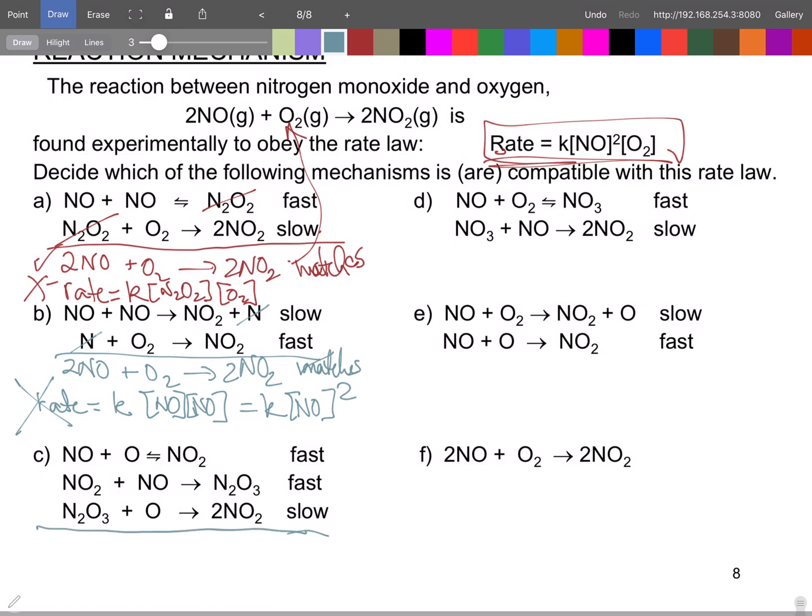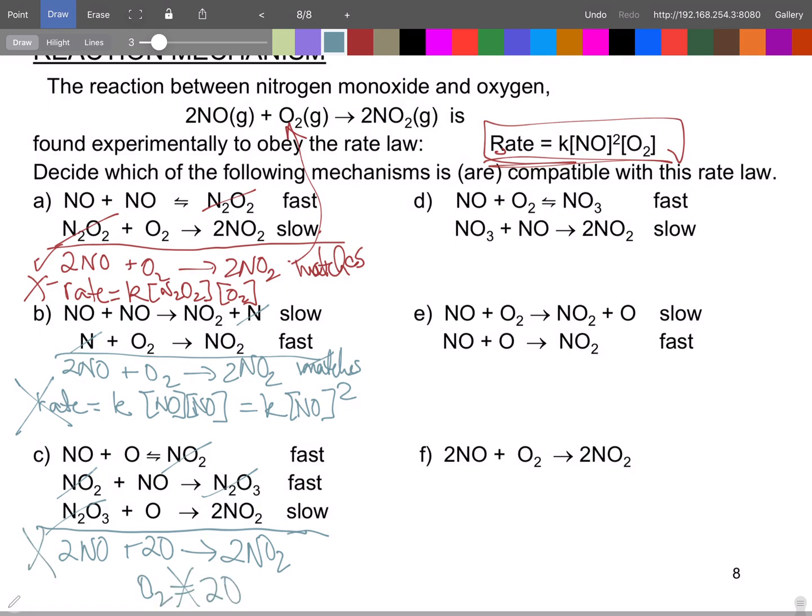So this is 3 steps. So your NO2s cancel. Your N2O3s cancel. Those are both intermediates. So we're left with 2NO plus 2O yields 2NO2. So wait a minute. Wait, this won't work. Because remember, O2 is not the same as 2O.